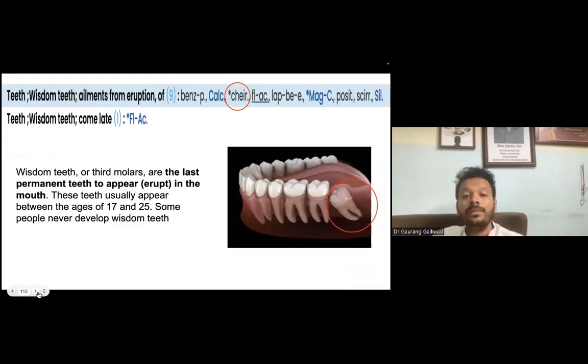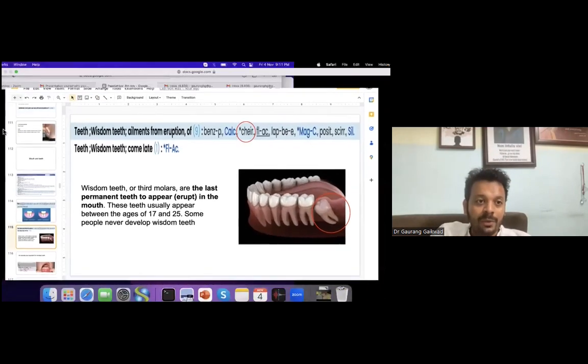Some children develop wisdom teeth related issues. The wisdom tooth is removed and there is a lot of pain. There are many remedies for that. There is chamomilla. There is fluoric acid. But the very important remedy which we use is known as cherianthus. Cherianthus, very beautiful remedy. Let me show you very quickly.